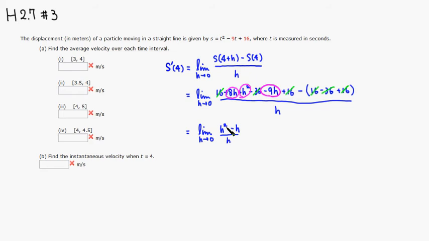Then we factor out the h from the top, so we still need to evaluate the limit as h approaches 0. H is factored out, so you have h times h minus 1, over h. Then we can cancel h and h. As h approaches 0, this is going to be negative 1, because this guy goes to 0. So the instantaneous velocity at t equals 4 is negative 1.